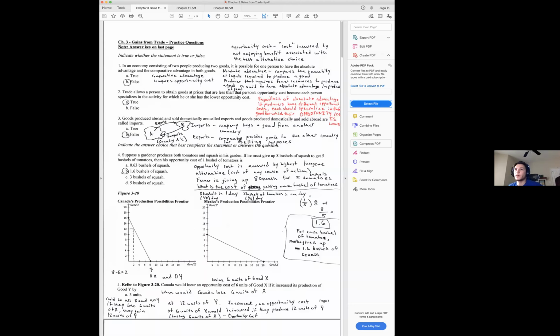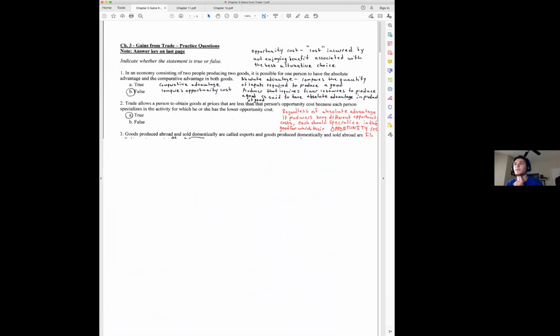All right, so chapter three, we were talking about gains from trade. There's a couple key concepts you have to keep in mind when thinking about this, and that's obviously opportunity cost, comparative advantage, and absolute advantage. When you're going through this cheat sheet, you can look at some of the stuff I've put in that explains those concepts in a little more depth.